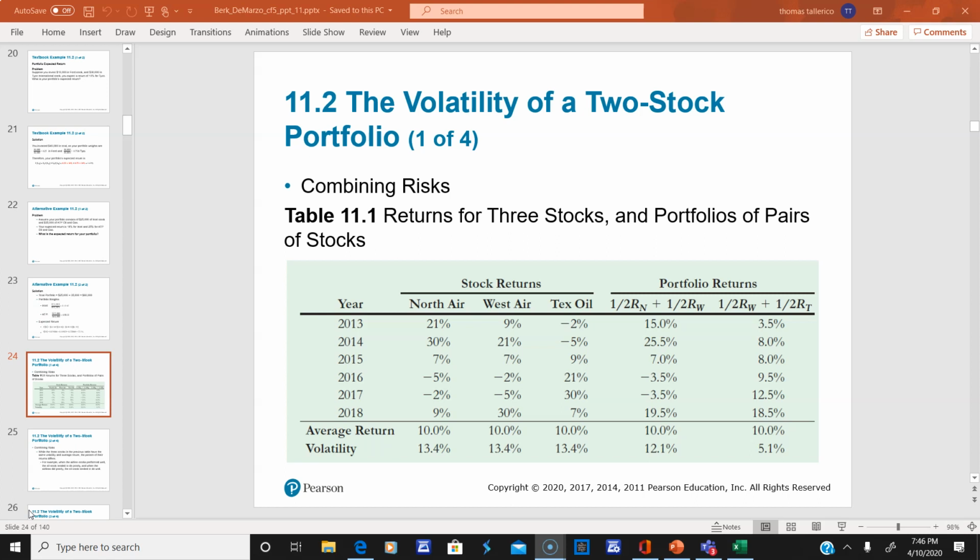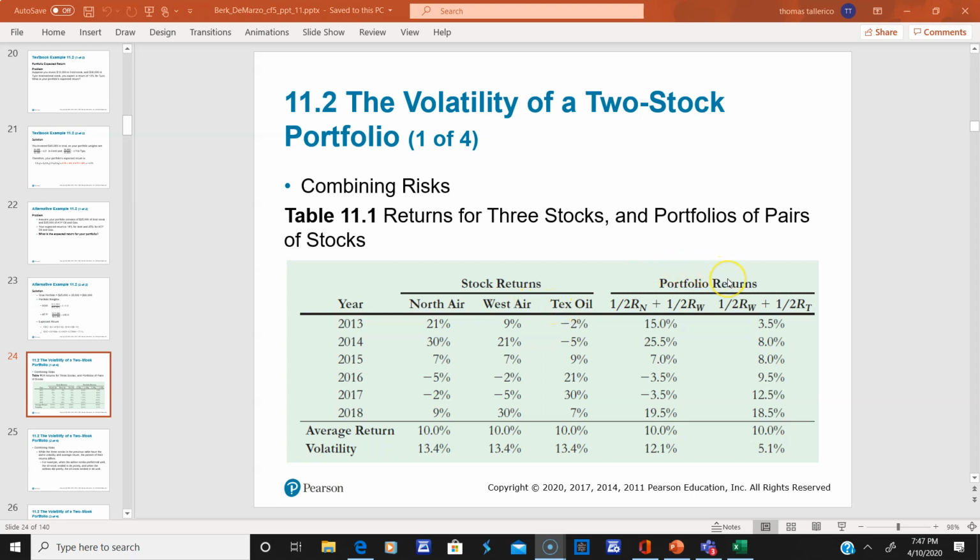Alright, so what they're doing now is there are 3 stocks here, and we're going to combine risks. However, out of the 3, they're going to make portfolios of 2 out of the 3. So here are the stocks: North Air, West Air, and Tex Oil.